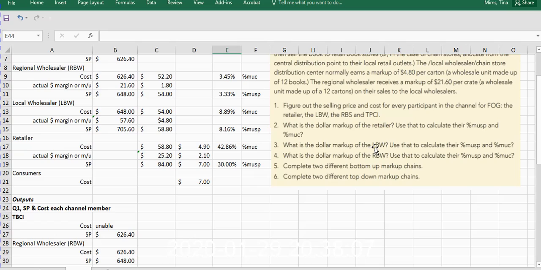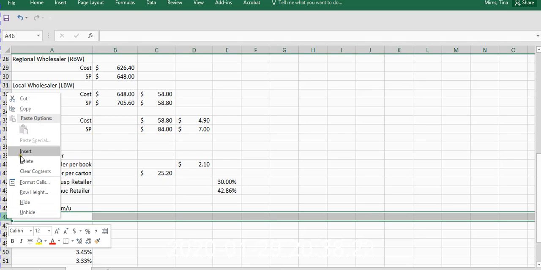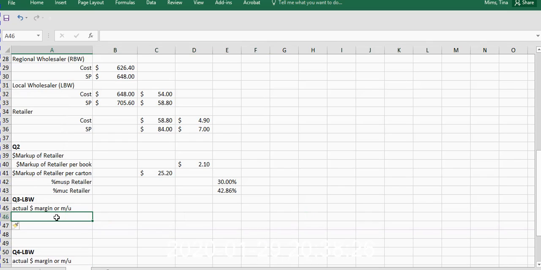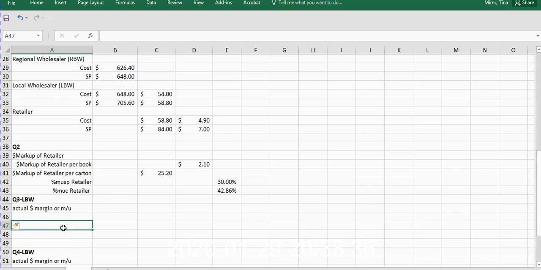All right, let's take a look at the dollar markup of the local wholesaler. Okay, and then use that to calculate the MUSP and MUC. Okay, very good. So we'll probably want to make something that looks very similar to our previous answers, so when someone's grading our work, we have a very nice, easy way for our grader to look at our work.